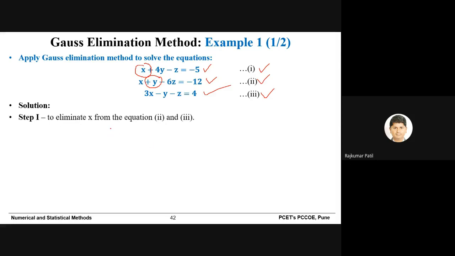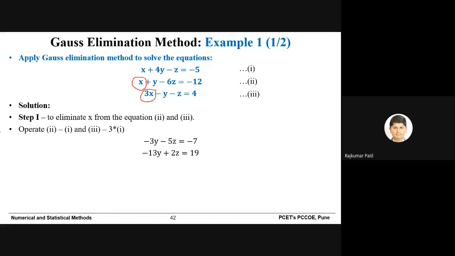Then the first step: eliminate x from equation number 2 and equation number 3. So we want to make this term 0 and this also 0. So we will operate equation 2 minus equation 1.